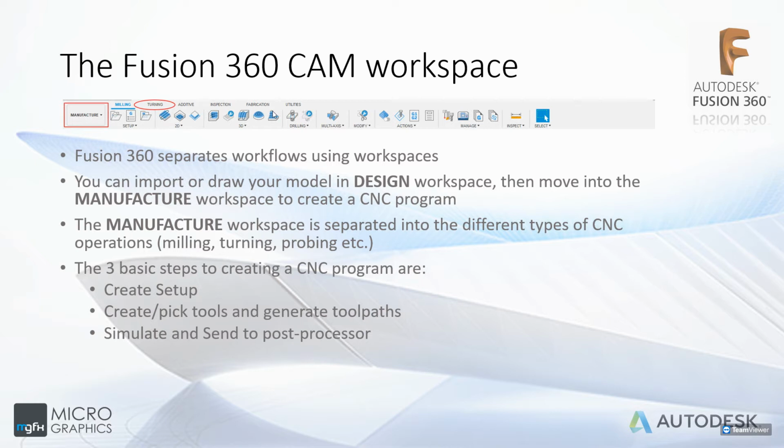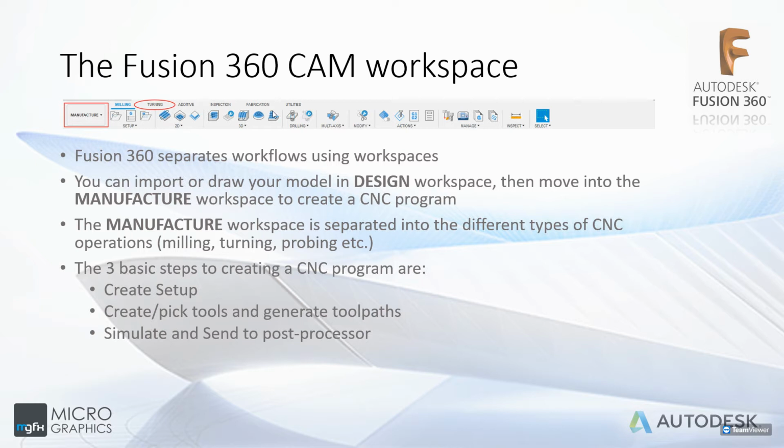Okay. In this workspace, there are three basic steps that you need before you can successfully create a CNC program. And those steps are, you're going to create a setup to define the stock materials and origin points, etc. You're going to create or pick your tools if you have them created already, and you're going to generate toolpaths.